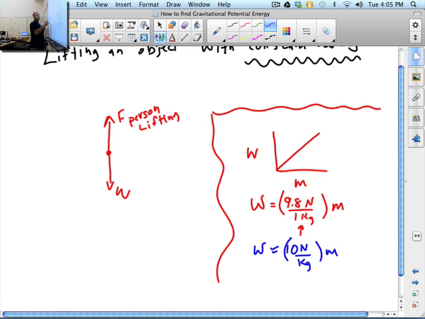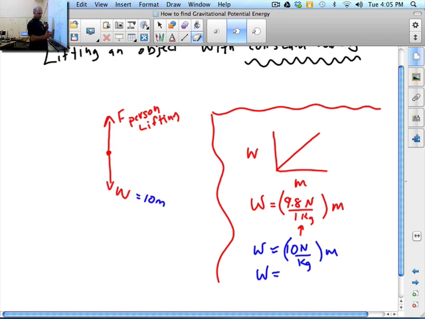So if you know an object's mass, you can multiply by it to find the weight. We don't usually write the number like this. Let me say it this way: this number right here, we're calling g, lowercase g.